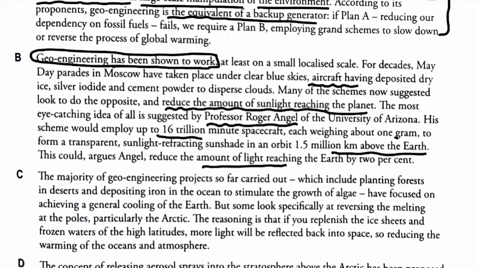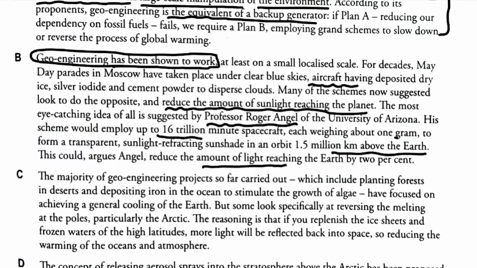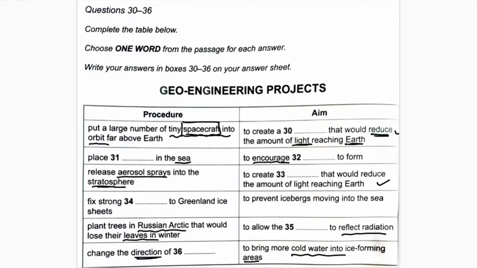So what you need to get as an answer is to create dash. What they have created by using this is a sunshade in the orbit, right? So my answer to this would be sunshade. Let me write down that answer here, number 30, because I don't have much space. So number 30 has the answer sunshade.